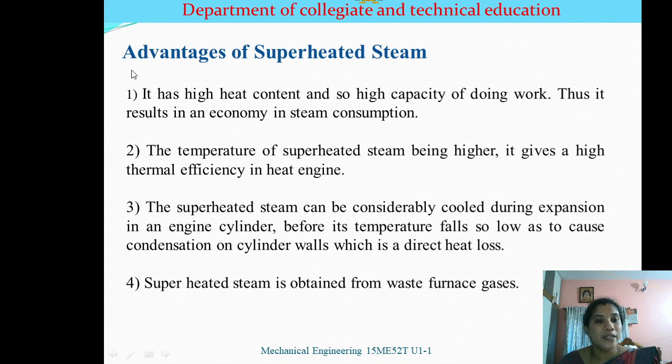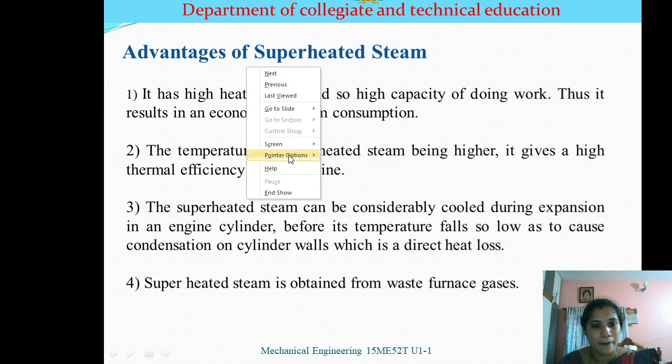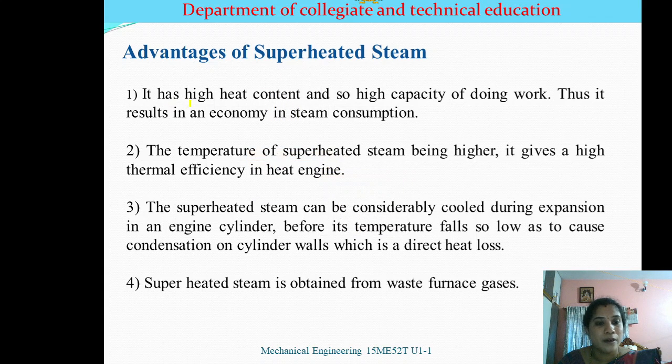So now let us try to understand the advantages of this superheated steam. In the initial slides itself I mentioned that steam has a capacity to absorb high heat content. It has an ability to absorb large, huge heat, which helps to do work.